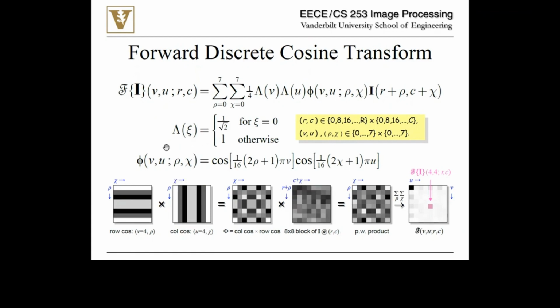Okay, so yeah, this is how this real part looks. So rho and chi here are the x and y coordinates. So these basis functions, you see, it is the product of two. The way I explained it was just for a single one.